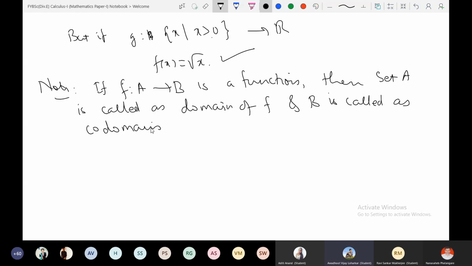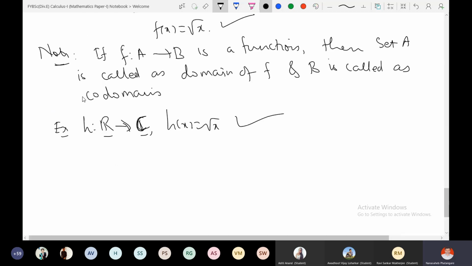But in the example, if we change the codomain to complex numbers, it also can be valid. So for example, if you define h from R to C and h(x) is equal to square root of x, then clearly it is a function, right? So it depends on your domain and codomain. Only a formula doesn't make sense. You should think about what is the domain and what is the codomain, then only you can confidently say whether it is a function or not. Fine. But what is the range of a function?